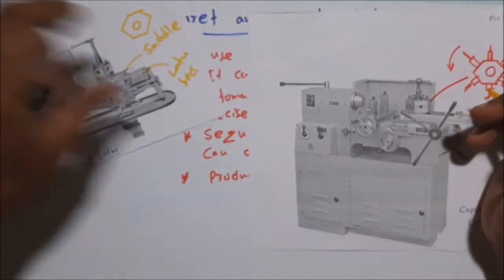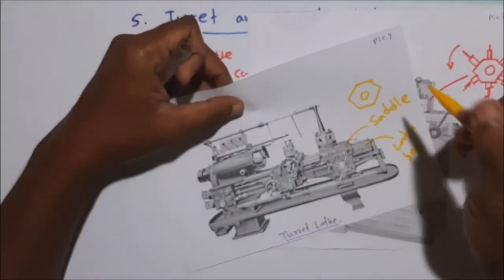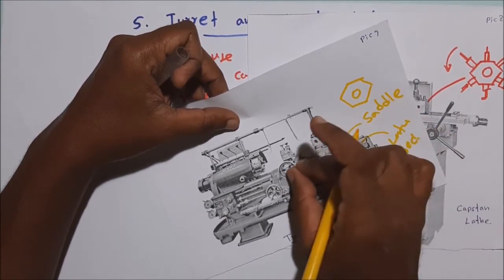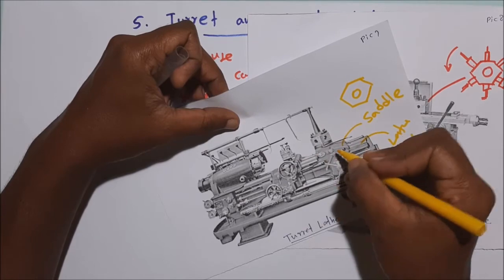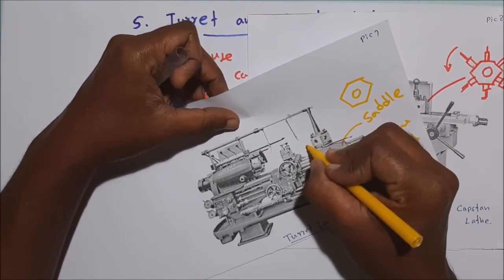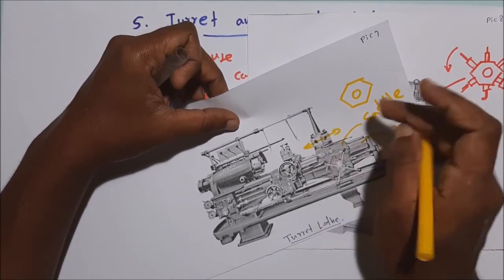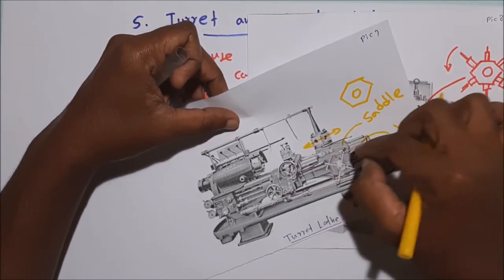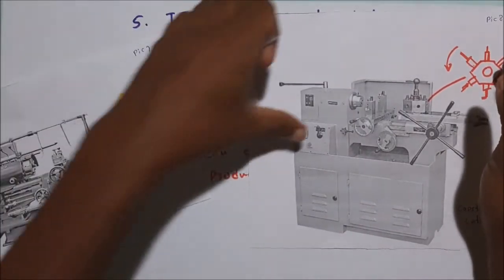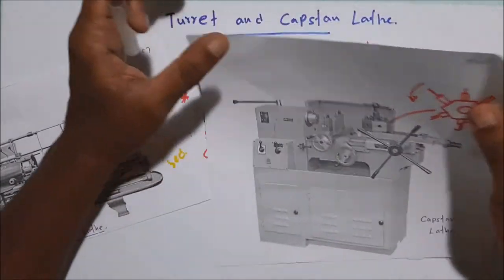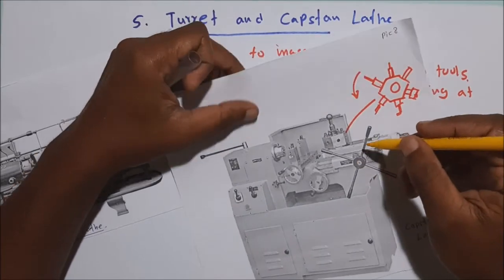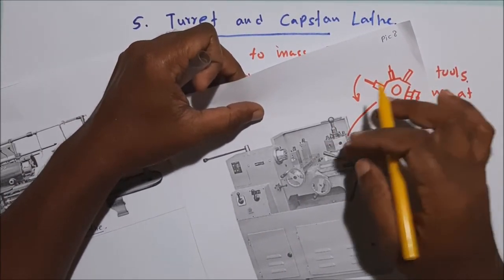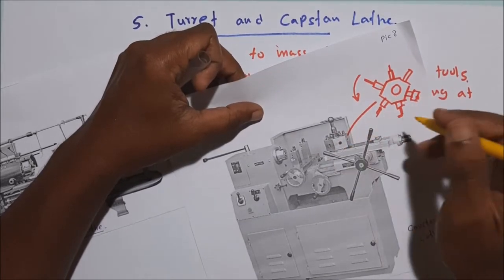Once the tool is mounted, the tool can be fed along the lathe bed by sliding this saddle along the lathe bed. But in the capstan lathe, the capstan head is mounted on separate guideways.